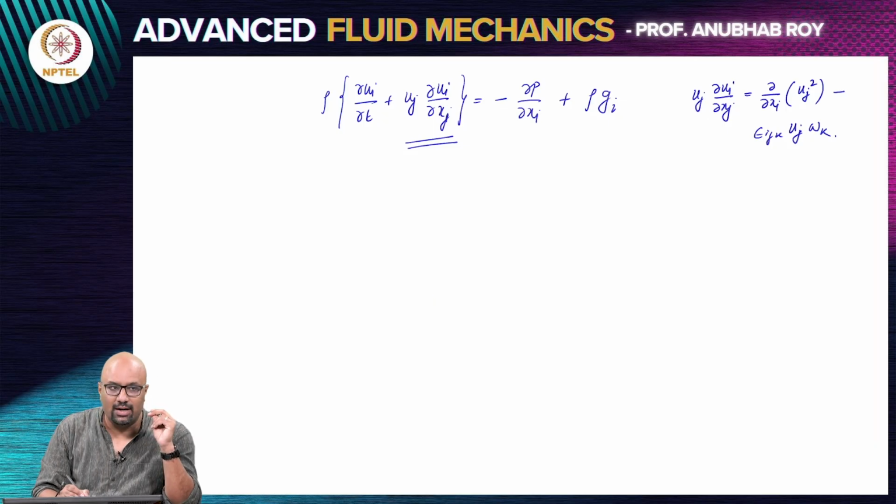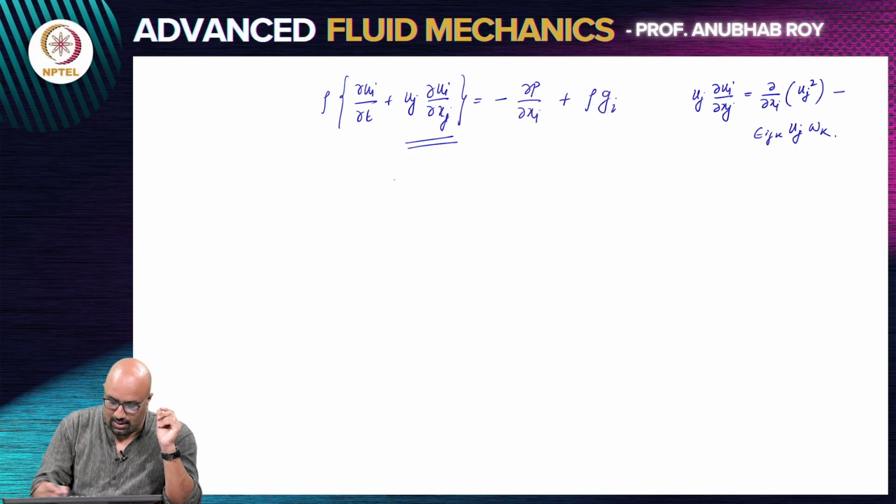So we can write the expression in terms of the gradient of u squared minus u cross omega. This is the representation that we will get if we write the advective term. There is a way of writing the advective term in this particular form.